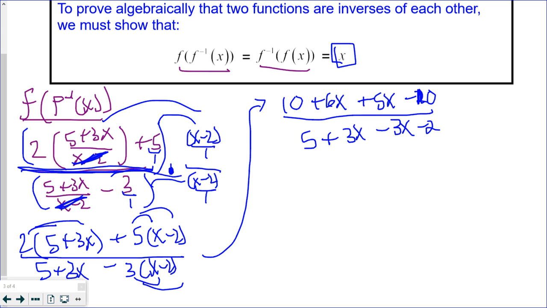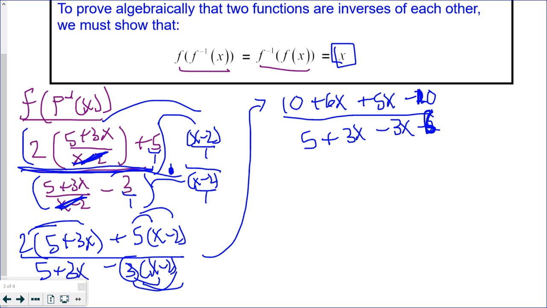Okay? And again, I just messed up. 3 times 2 is negative 6, not negative 2. You've got to distribute everything here. So there you go. That's 10 plus 6x plus 5x minus 10 over 5 plus 3x minus 6.